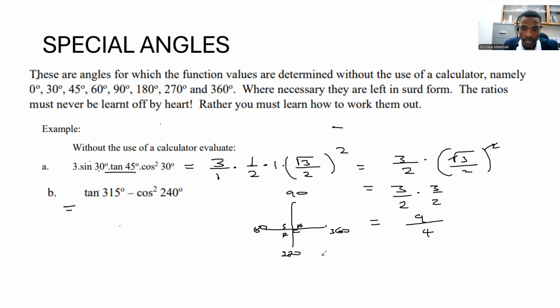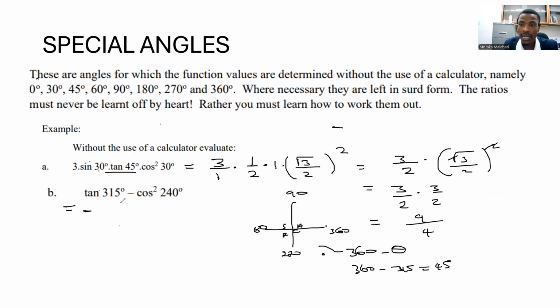So 315 is in the fourth quadrant, and in the fourth quadrant only cosine is positive. It means tan here is negative, so you'll say it's a negative. Now let's reduce this. Here it is 360 minus theta, so 360 minus 315, which is 45.